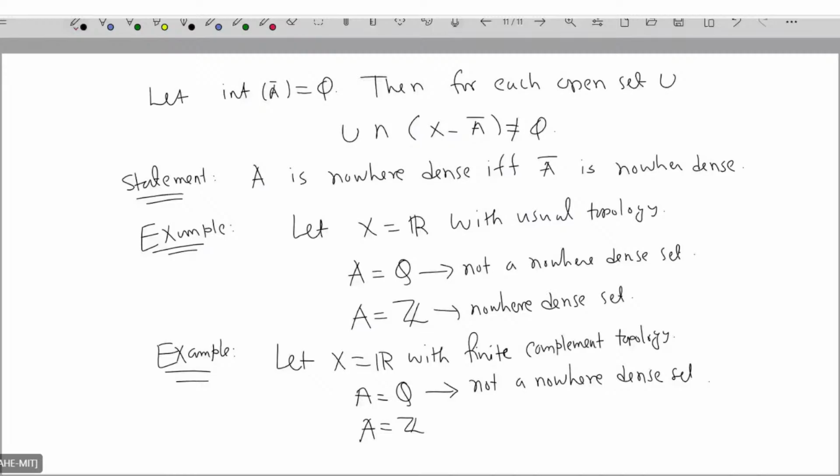Its closure should be the whole set, because the closure contains J and a finite set cannot contain J. So again, it will be the whole of R, which obviously has an interior point. So it's also not a nowhere dense set.